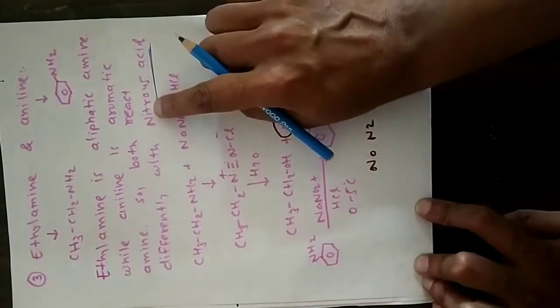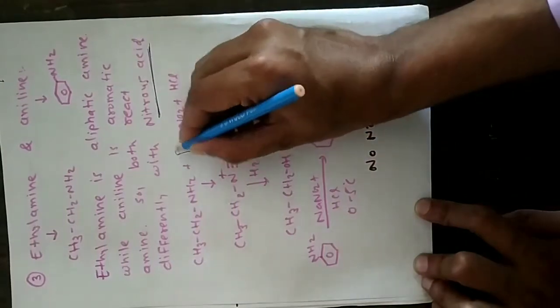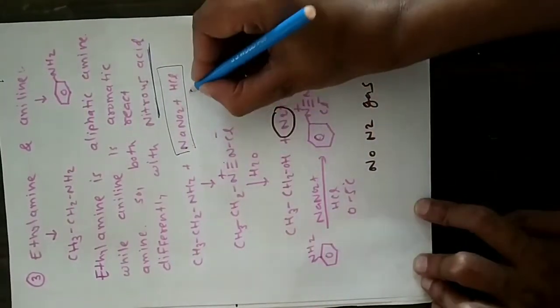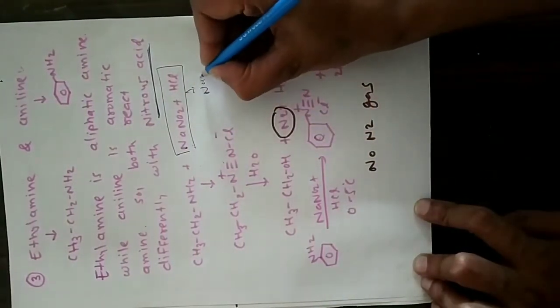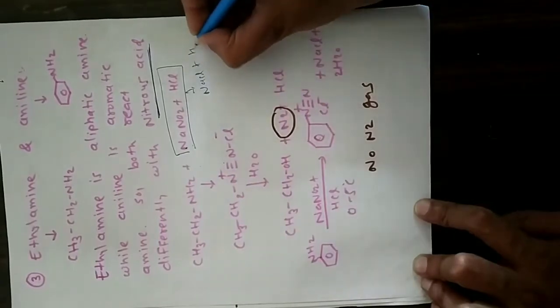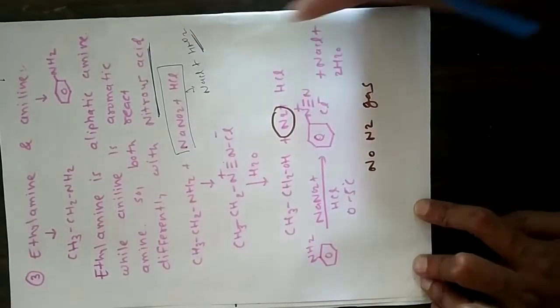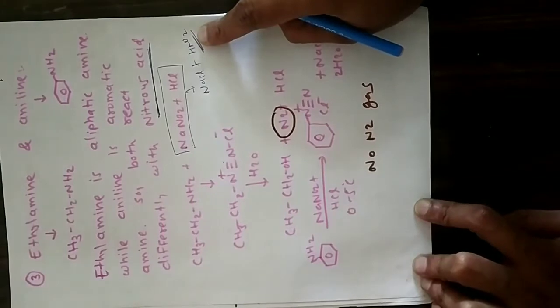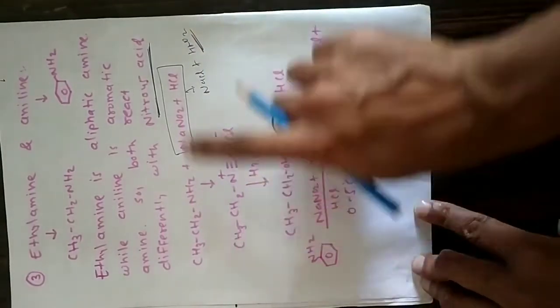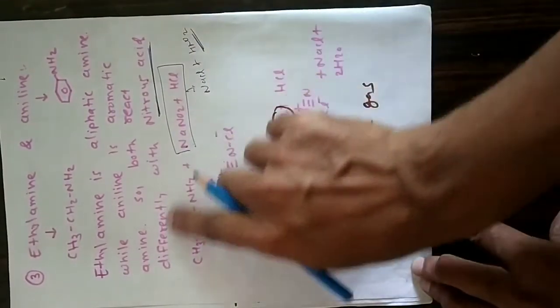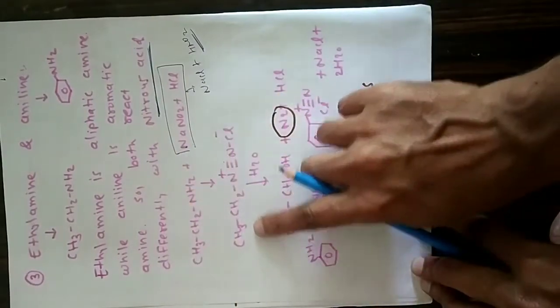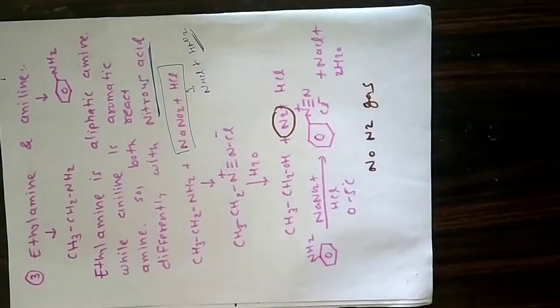Now for nitrous acid I am using NaNO2 and HCl. They will react together to form NaCl plus HNO2. This one is your nitrous acid, HNO2. Now when this HNO2 reacts with aliphatic amine, it gives us diazonium salt.